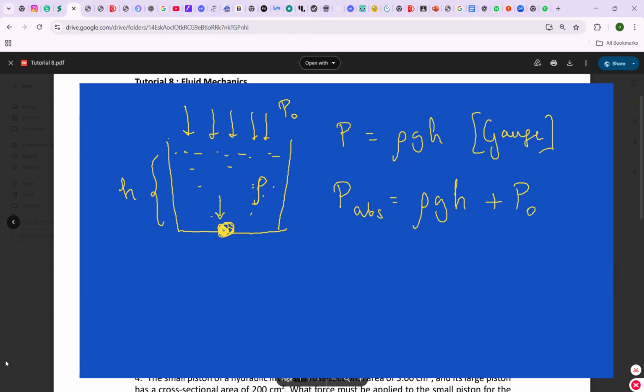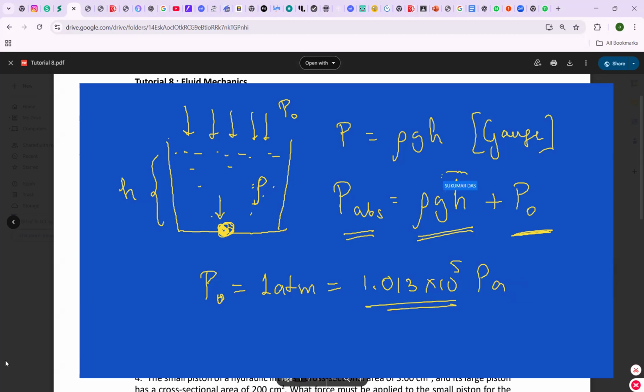So when the question says find the absolute pressure, that means it wants you to calculate rho GH and then add the 1 atmosphere. What is P naught? P naught is atmospheric pressure, 1 atm. 1 atmospheric pressure means 1.013 times 10 to the power 5 Pascal. This you have to add in addition to what you are getting here.